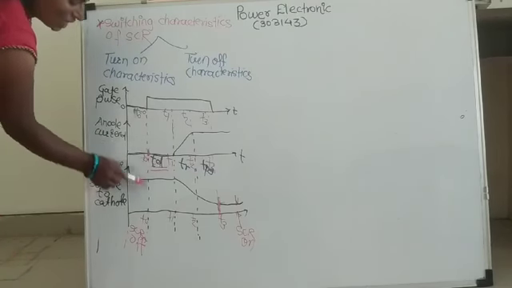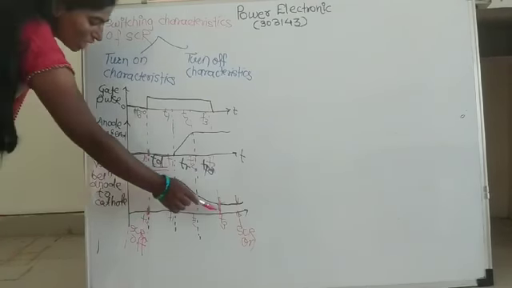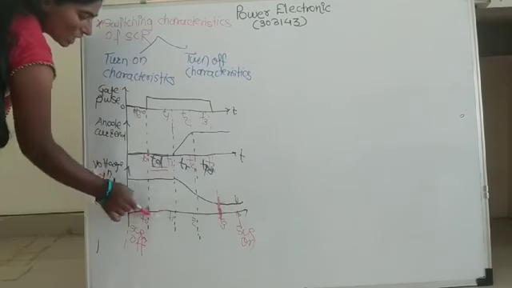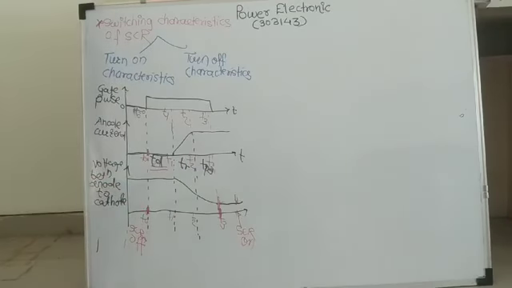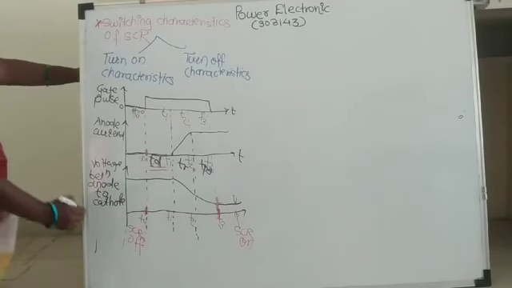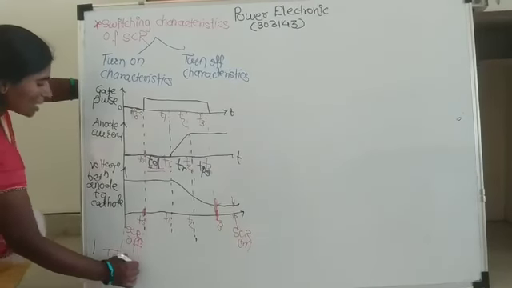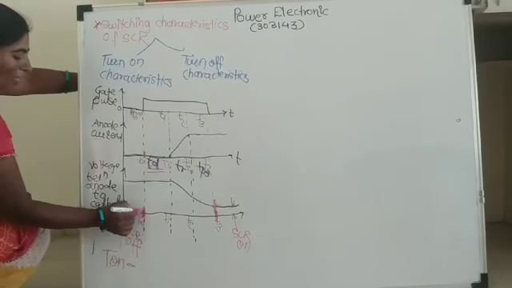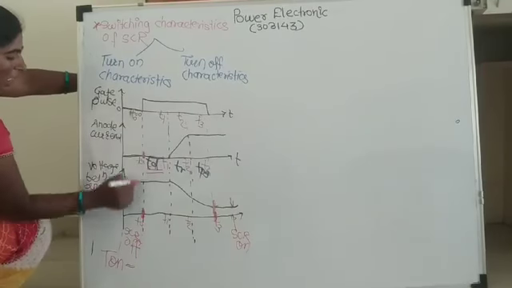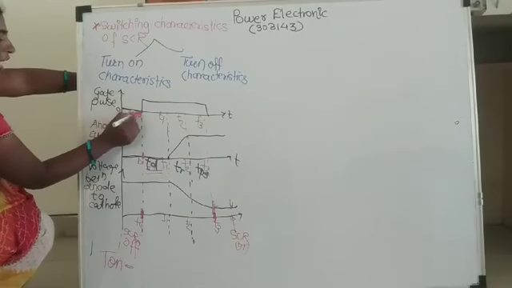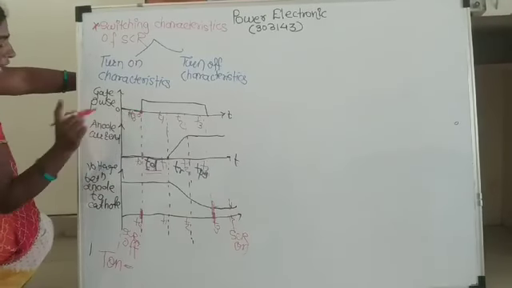Now from this timing to this timing, this is the time required to turn on the SCR. Means we can say that turn on time, that is Ton, starts from this point called t is equal to 0, because the gate pulse is actually applied at this point. Hence your SCR turn on time actually starts from this point.